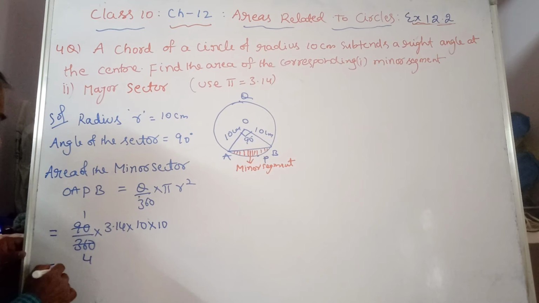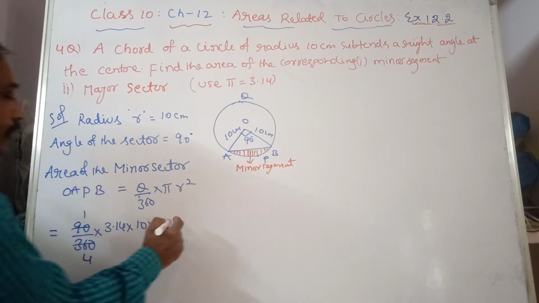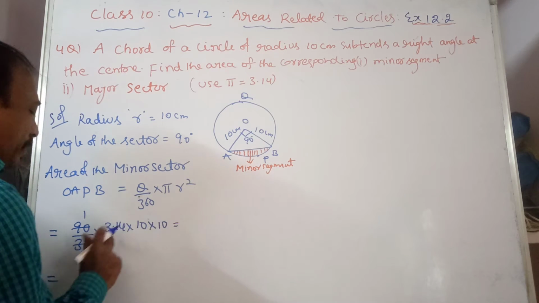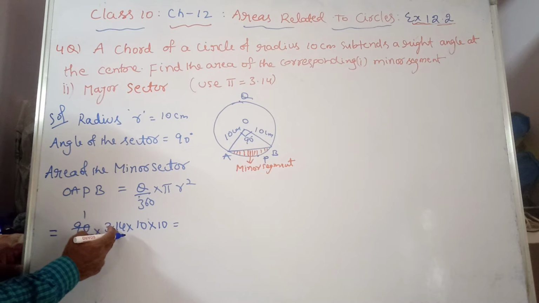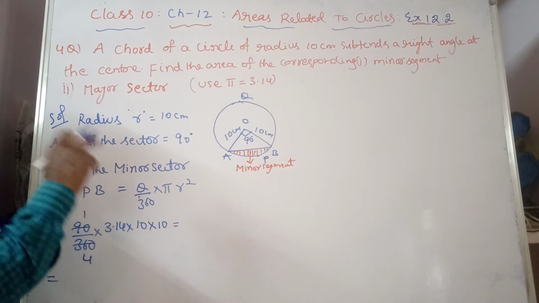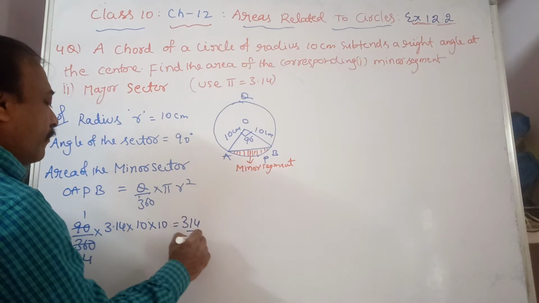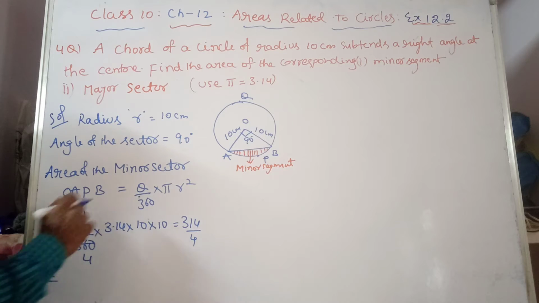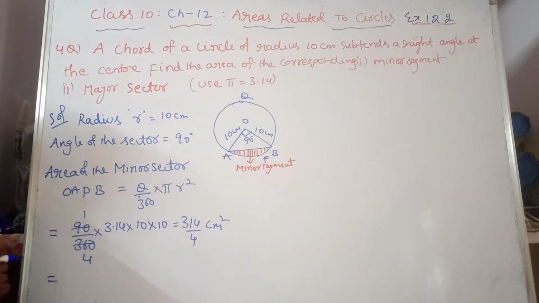Now look at this carefully: 3.14 into 100, 10 into 10, so two decimals will go away as two zeros are added, so 314 by 4 centimeter square.